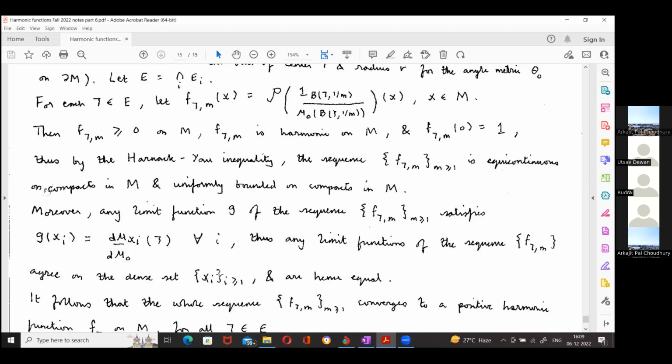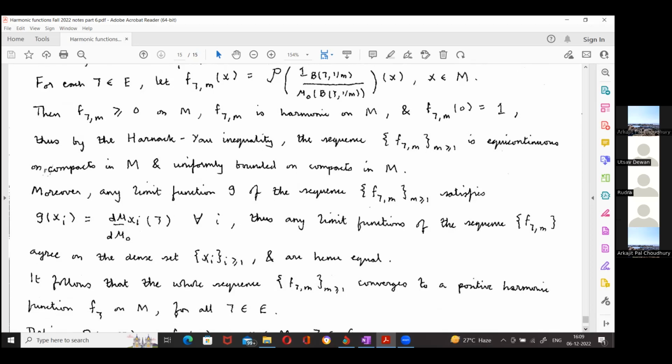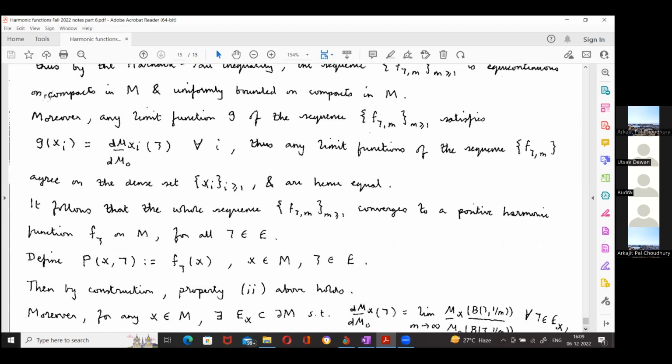Yeah, this is the standard argument when you work with normal families. If you have a normal family such that all limit points are equal, then the family itself is convergent. So all limits are equal, and therefore the whole sequence is convergent.